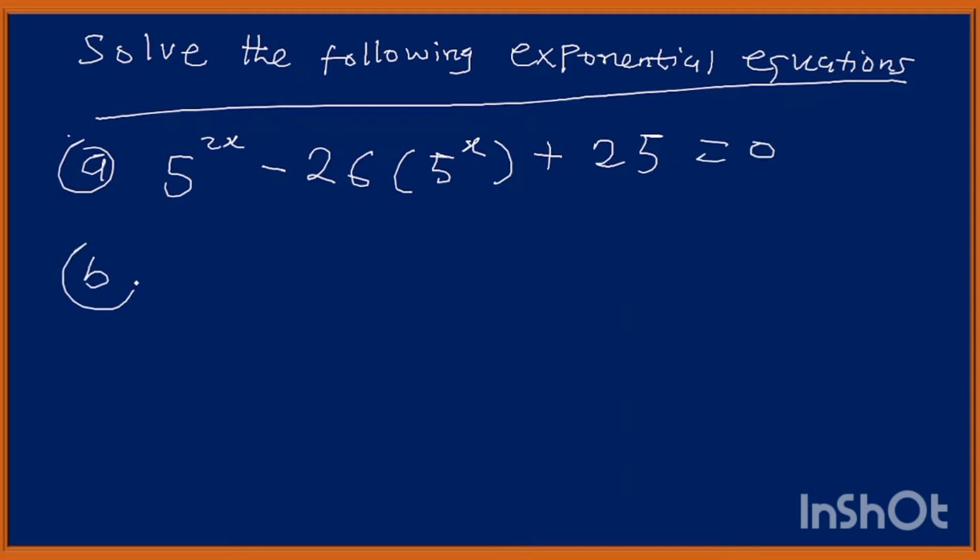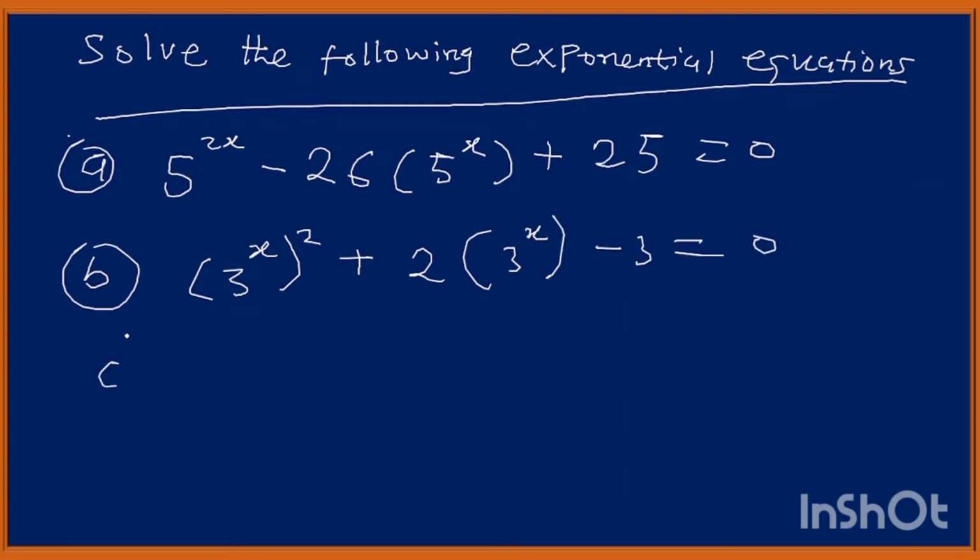I'm going to solve just two of these. The next is 3 to the power of 2x minus 3 to the power of x minus 3 is equal to 0. Then the last one is 3 to the power of 2x minus 9 is equal to 0. So let's take it.